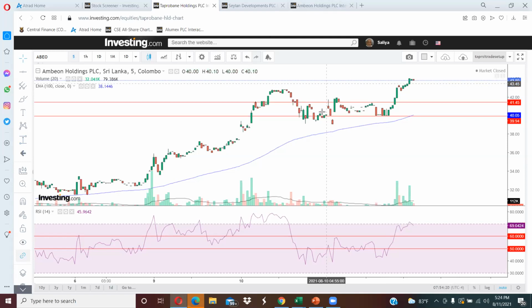So depending on your return, you can target your selling price, right? So that's how this trade was executed.